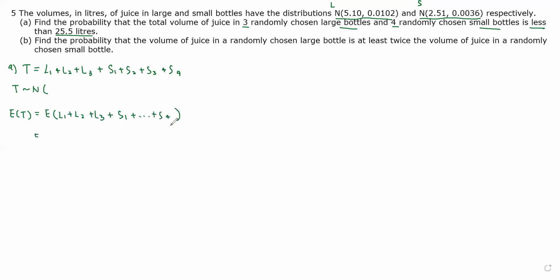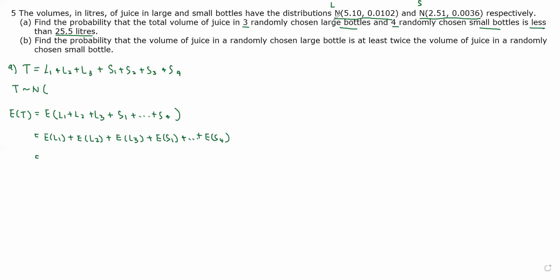The expected value of a sum is the sum of the expected values. We have the expected value of L1, L2, L3, plus the expected value of S1 through S4.